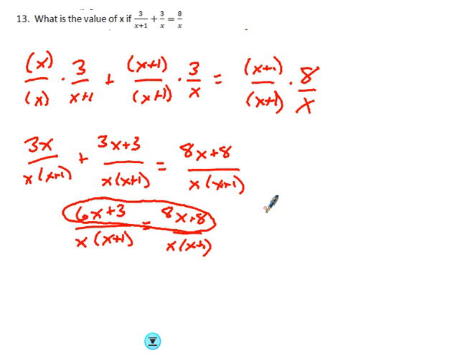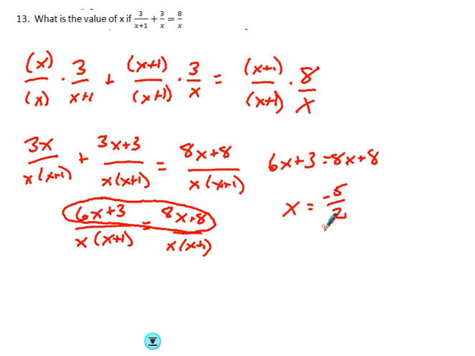Well, they don't look very equal, but we can make them equal. So we'll say 6x plus 3 equals 8x plus 8. And from here, if you get all your x's on the same side, swing everything else onto the other side, we'll end up with x being equal to negative 5 over 2.